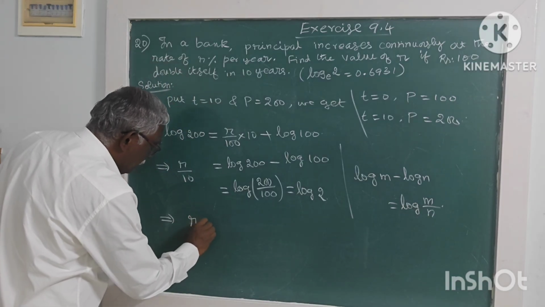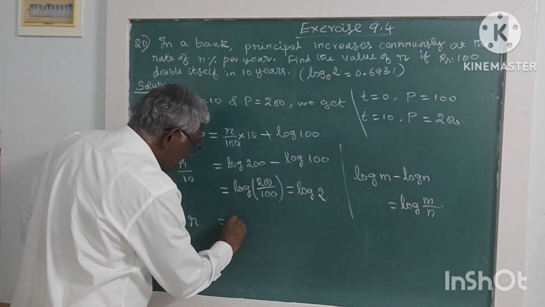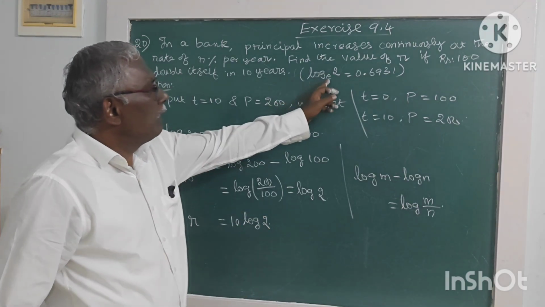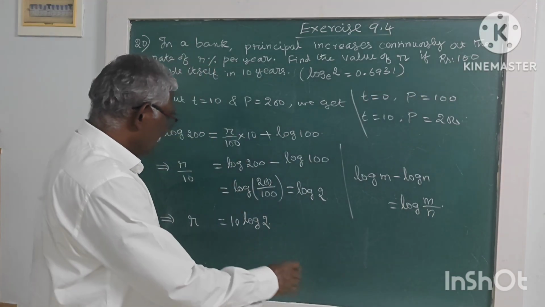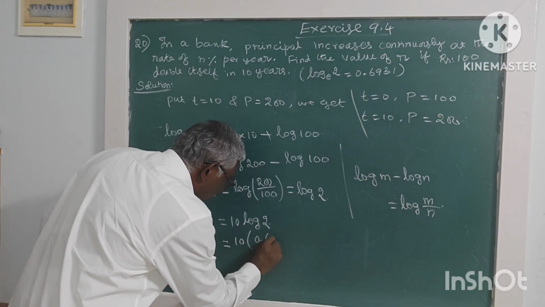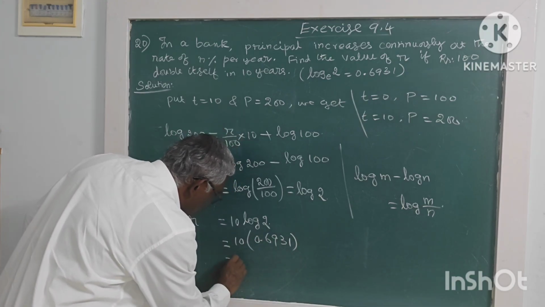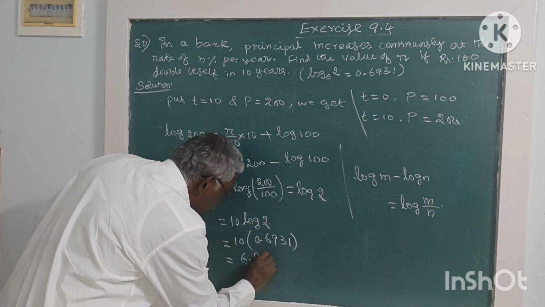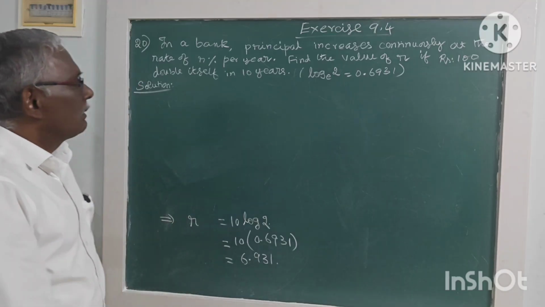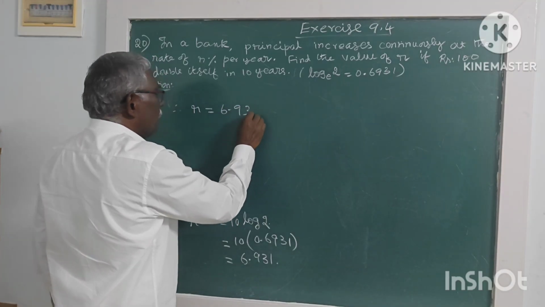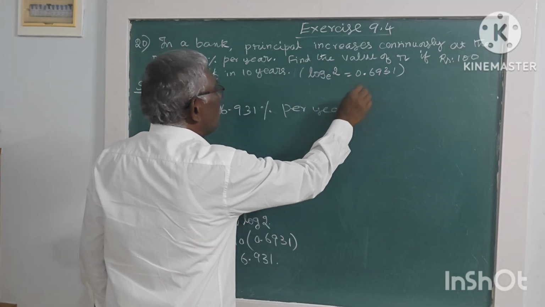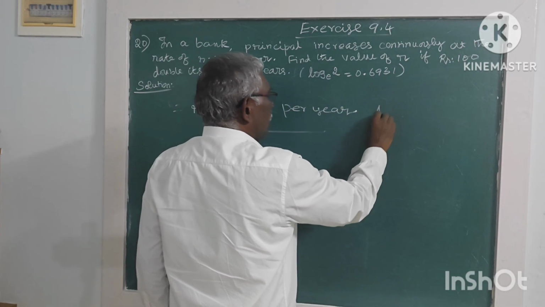So therefore r value is 10 times log 2. Log 2 value is given, 0.6931. So it is equal to 10 times 0.6931, which is 6.931. Therefore the value of r is 6.931% per year. So this is the answer.